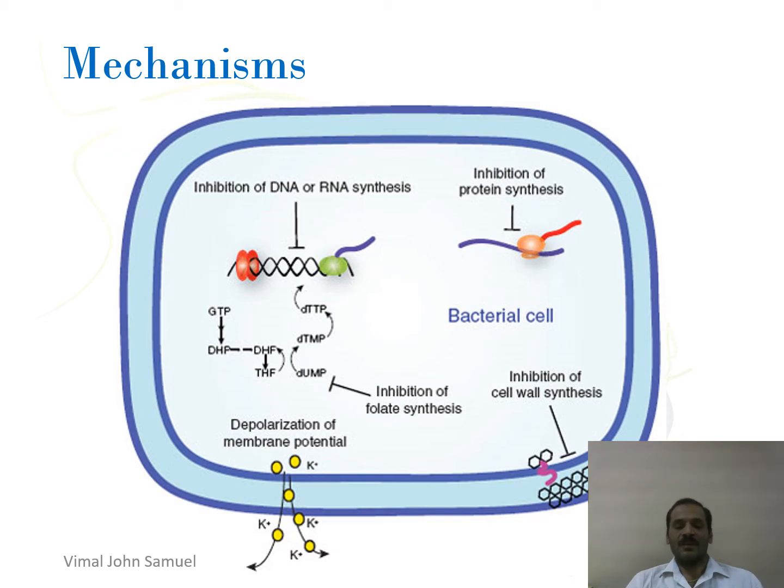Second, we can inhibit their various intracellular requirements. For example, if you modify the homeostasis of the ionic contents of the intracellular region of the bacteria, then again the bacteria may undergo lysis or subside in their further growth.